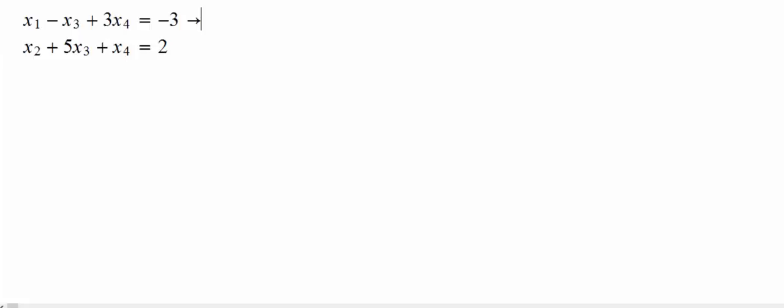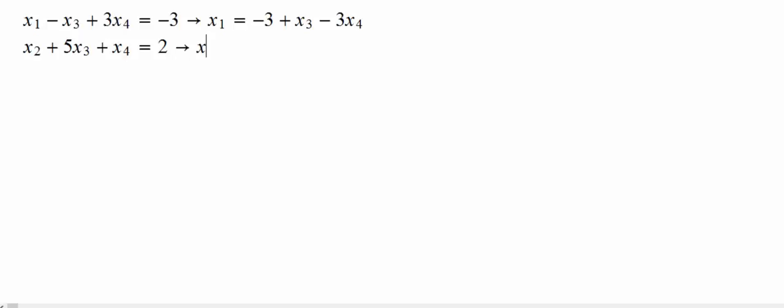So let's do that. One basic variable is x1. There we get negative 3, and then this negative sign will change to positive, and then we get negative x4. So this is x1 in terms of the free variables.